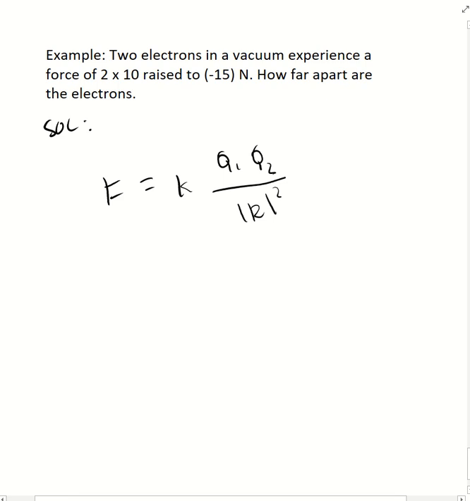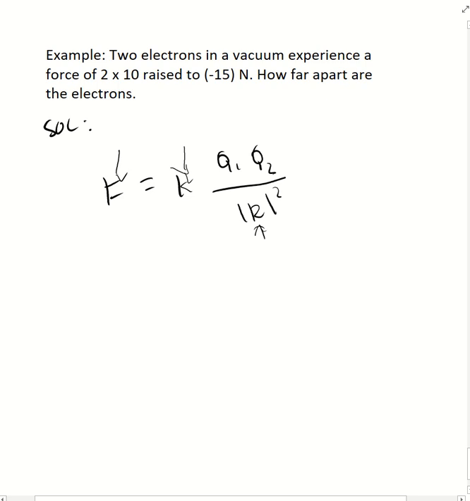We don't have Q. I don't see Coulomb in the problem. Then how can I solve for the distance if F is given and what else are given? There's no other given, and I want to solve for this one. K is also given, this is equal to 1 because it's in vacuum.